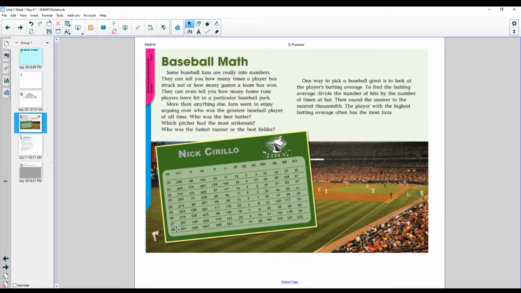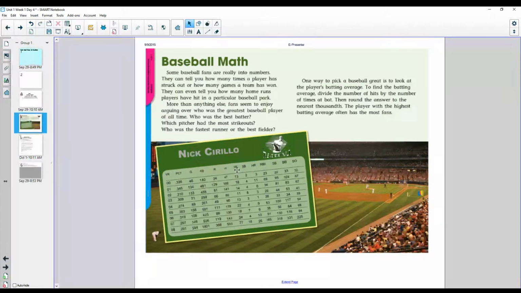Now, sometimes if you don't have background knowledge about baseball, this might be a little tricky for you to read. Here we have a G. Here we have AB. I know that stands for at bats. R, what could that have to do with baseball? Runs. H, hits. Oh, and look, 2B, 3B.